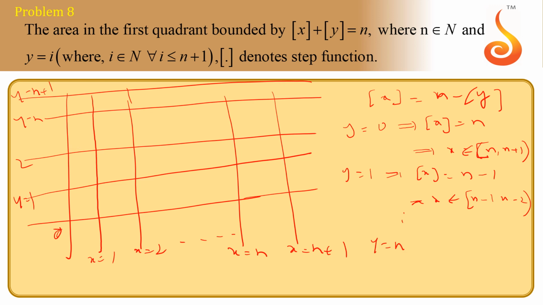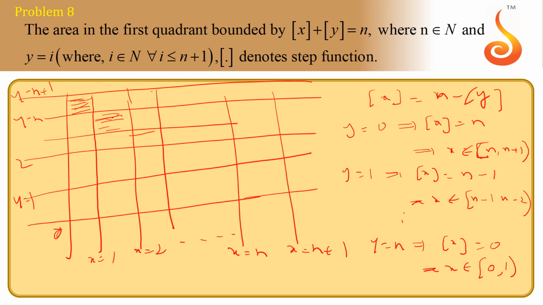Suppose I give the last value for y as n, then step x will be 0, which says that x should be from closed 0 to open 1. Then if you observe carefully, you will get small squares. So if you do any consecutive like this, you will get this type of squares.